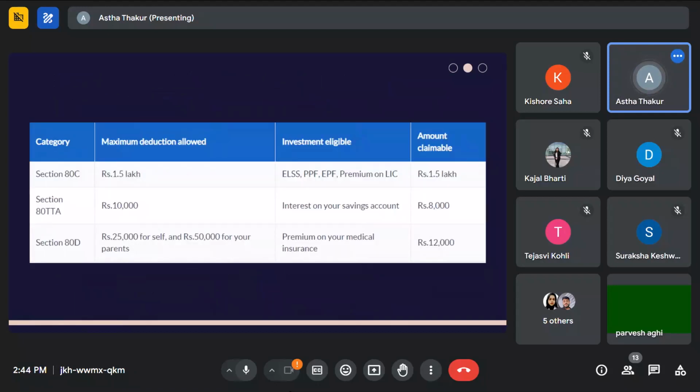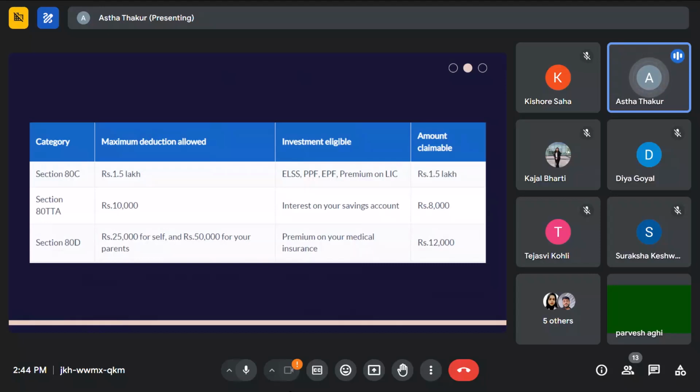There are three categories: section 80C, section 80TTA and section 80D. For these three categories, the maximum deductible amount is 1.5 lakhs for 80C, and for the following two, 10,000 and 25,000 for self and 50,000 for your parents.